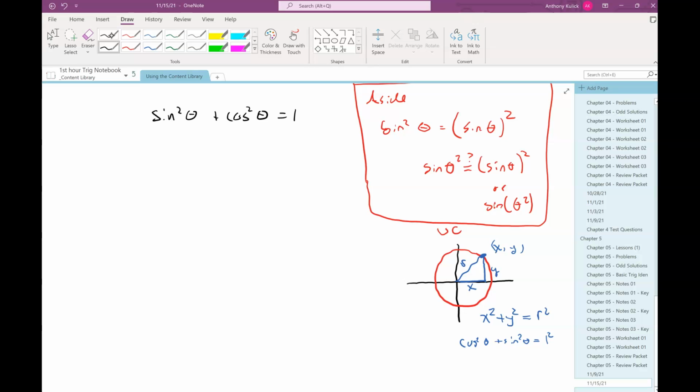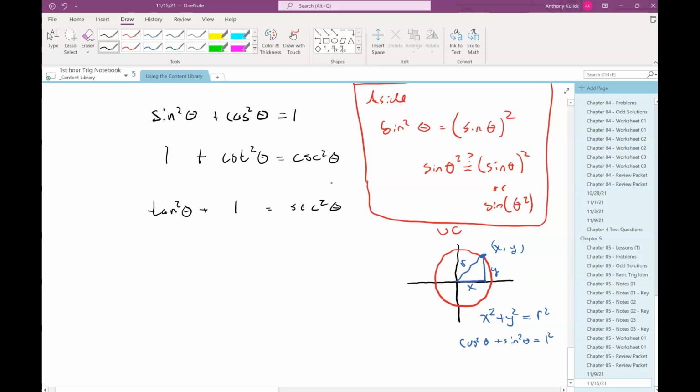So there's 2 more Pythagorean identities. The first one is 1 plus cotangent squared theta equals cosecant squared.